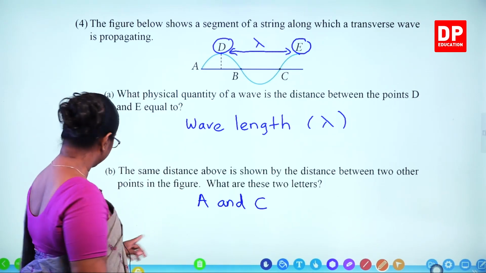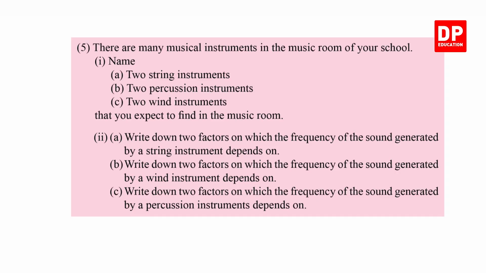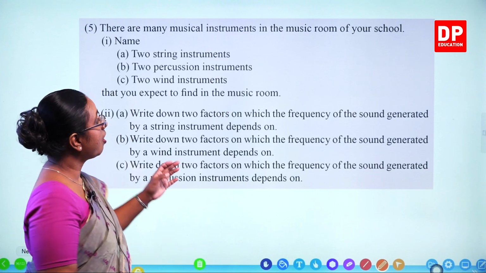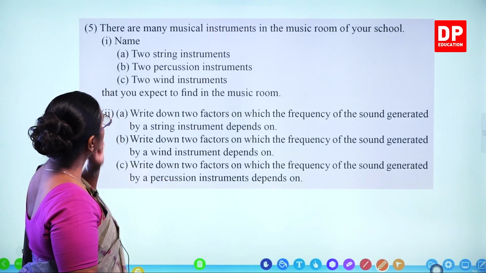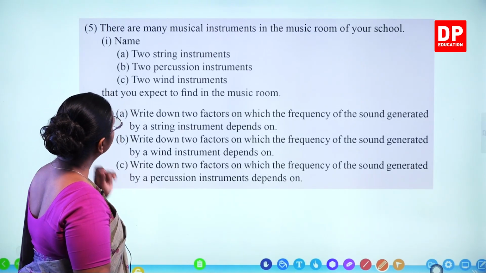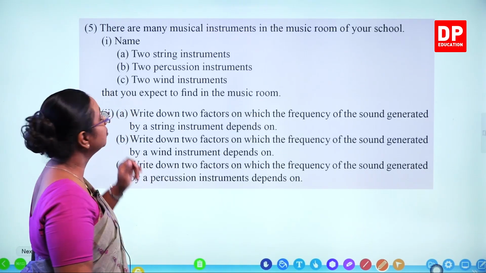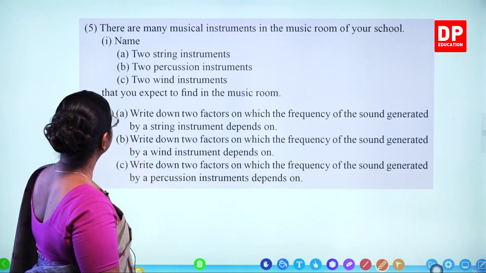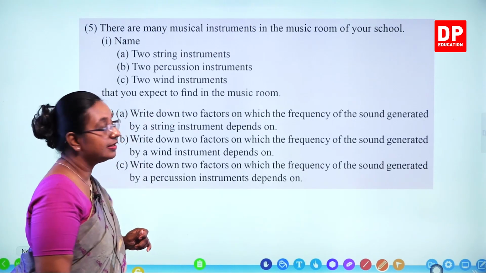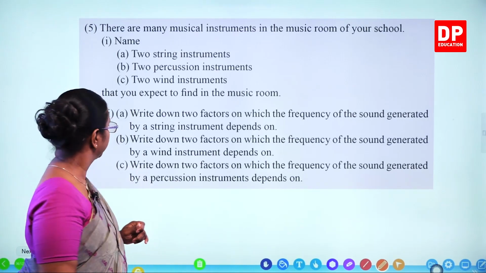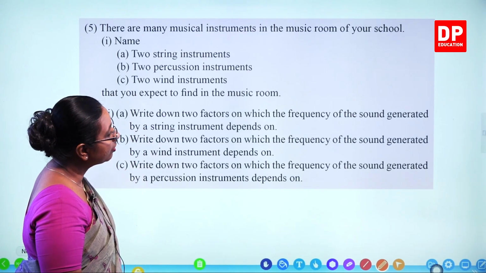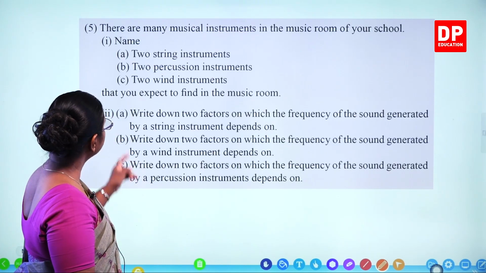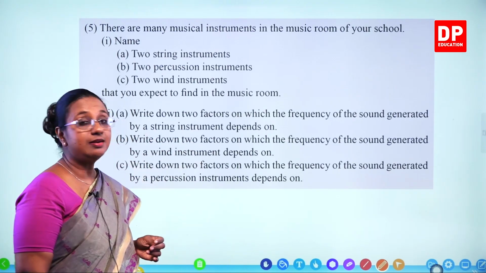I will move on to the next question. There are many musical instruments in the music room of your school. Name 2 string instruments, 2 percussion instruments, 2 wind instruments that you expect to find in the music room. Write down 2 factors on which the frequency of the sound generated by a string instrument depends.